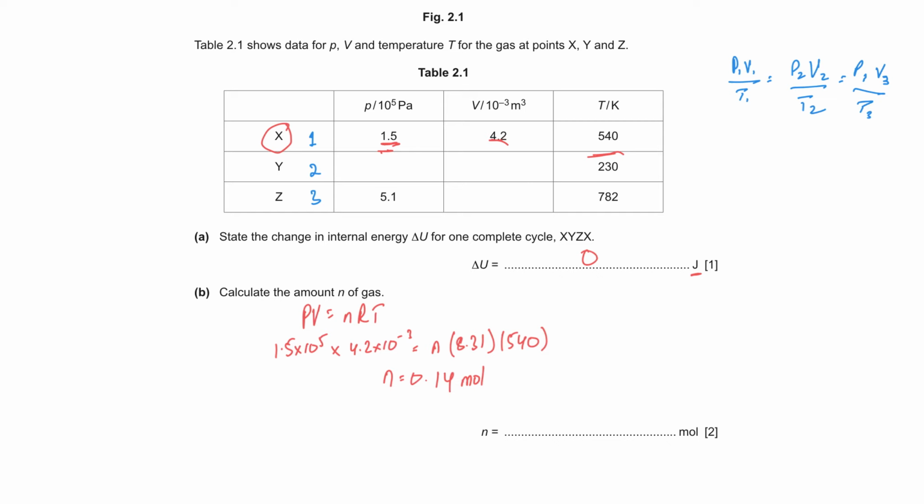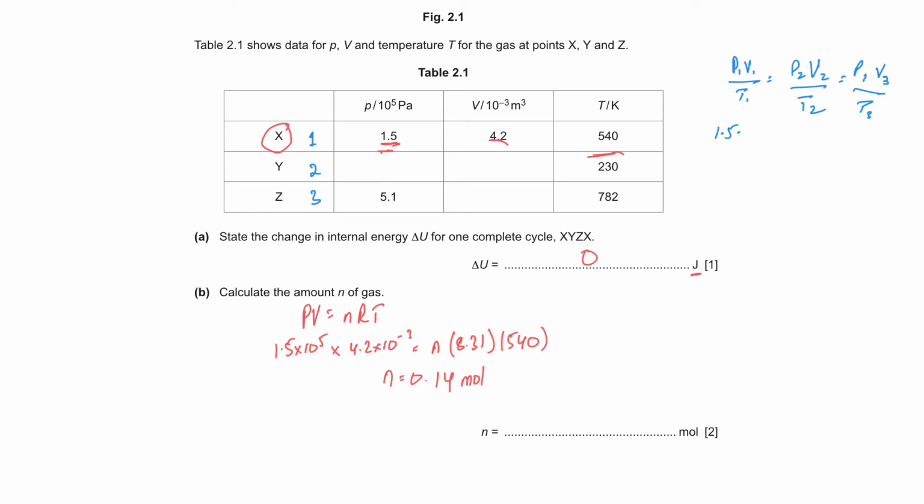PV over T is a constant because that's equal to nR, and the number of moles are constant, and so is R. So using this data for X and equating it to this data for Z, we can find out V.